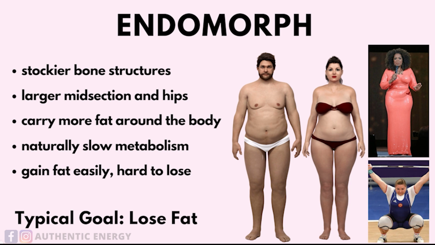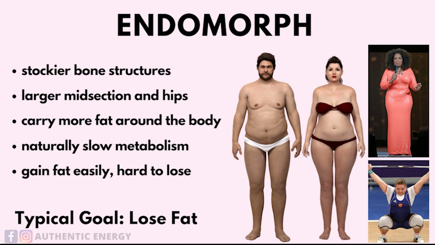Endomorphs naturally have a slow metabolism, so that makes them gain fat quite easily, but it's very hard to lose weight, especially body fat. So the typical goal for endomorph bodies is to lose fat.